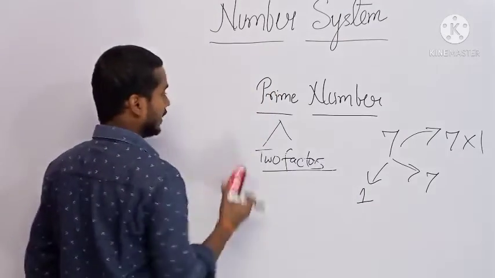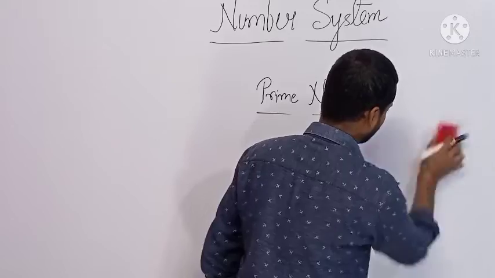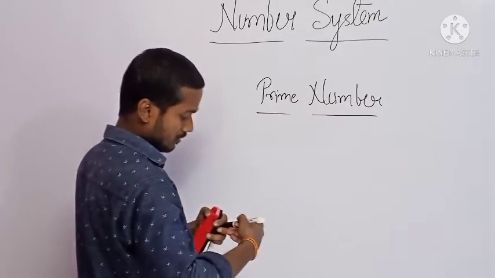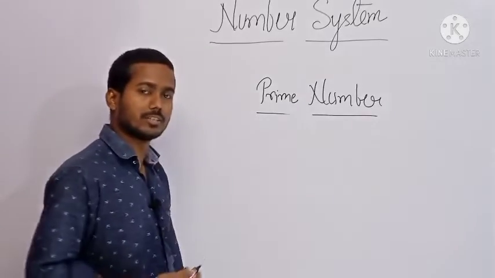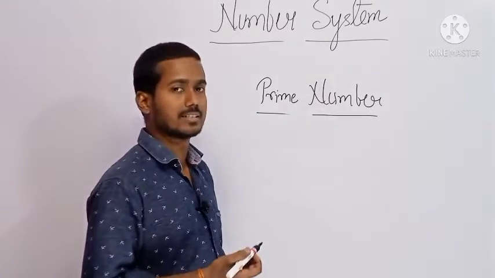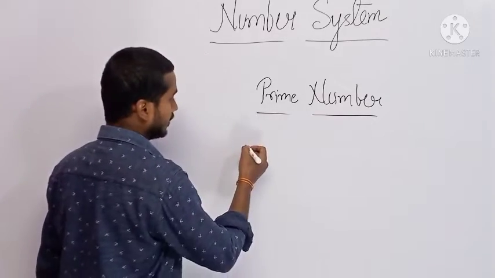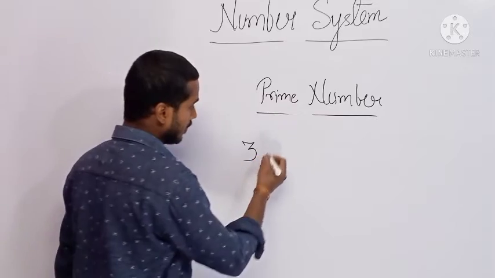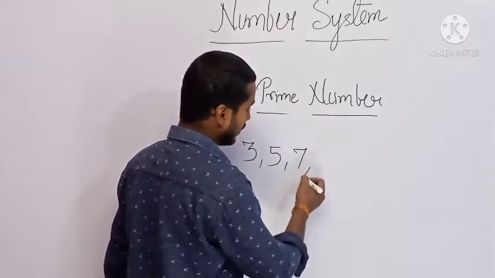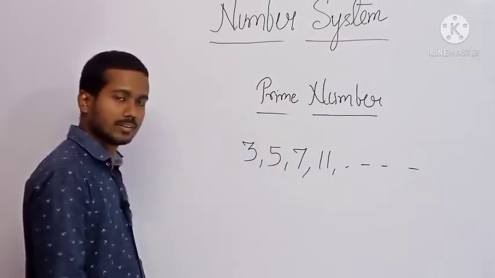Now I can explain a variety of prime numbers. By definition, a prime number is a number which is divisible by itself and 1 only, and in another way, a prime number has only 2 factors. Let's say 3 is a prime number, 5 is a prime number, 7 is a prime number, 11 is a prime number, and so on, right?